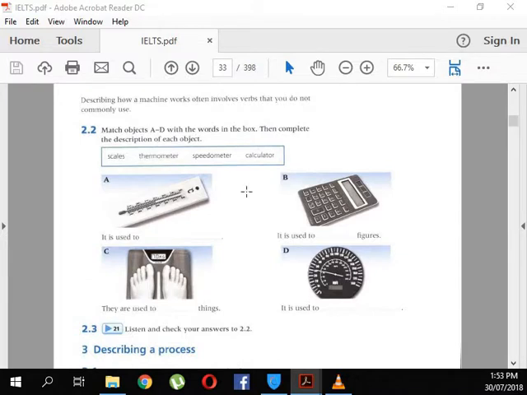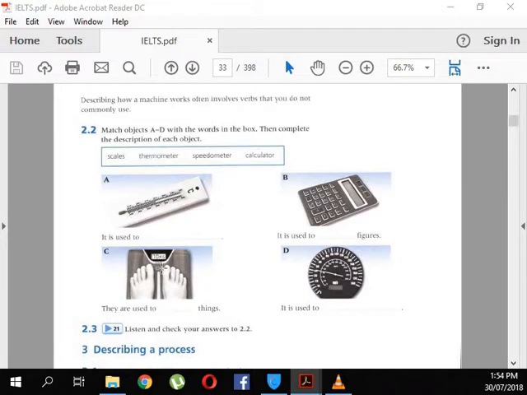This is a simple one. Just look at the images, and these are the names of the devices that you're looking at. These devices are used to measure different things. One calculates, one weighs.